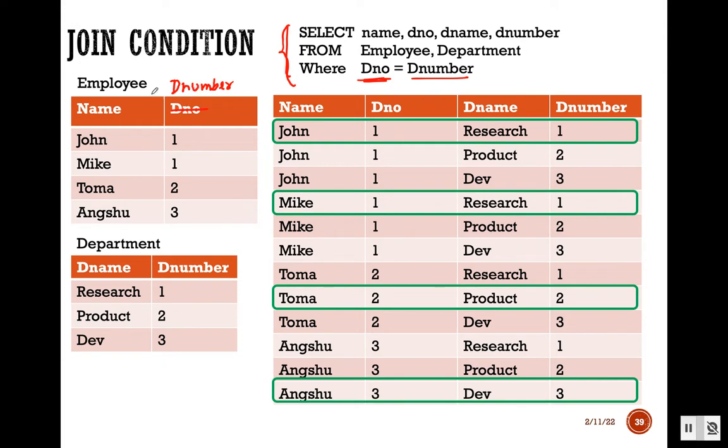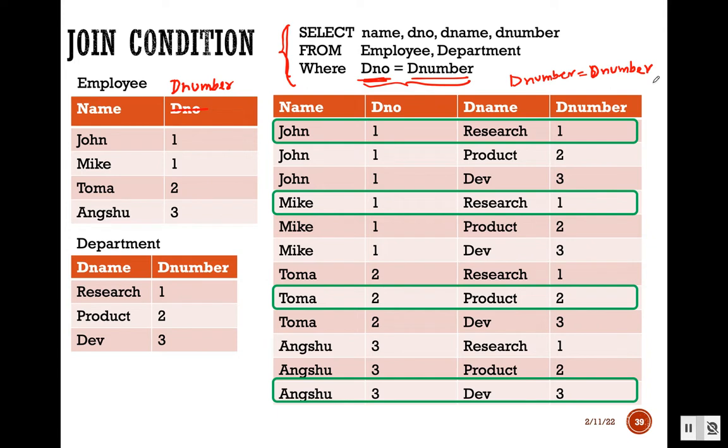So if the attribute name is the same, what happens? This condition will look like dnumber equals dnumber, but that will create an ambiguity for the compiler.